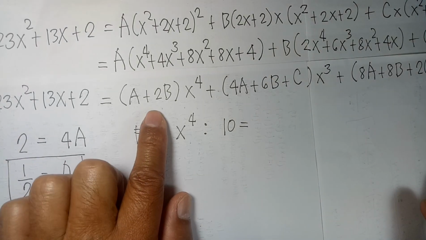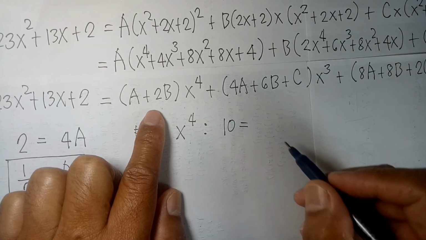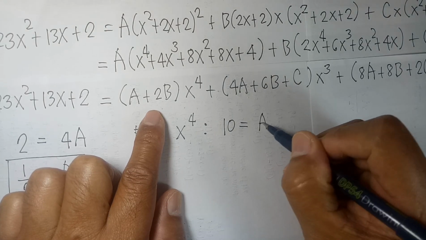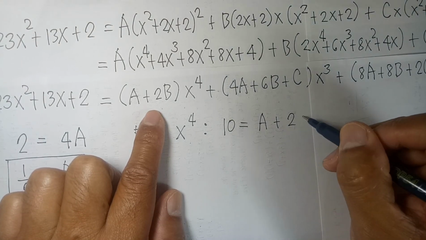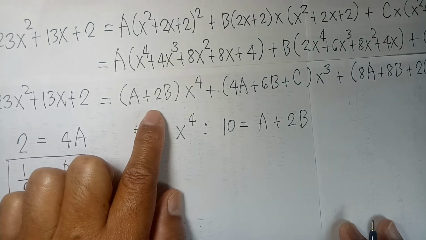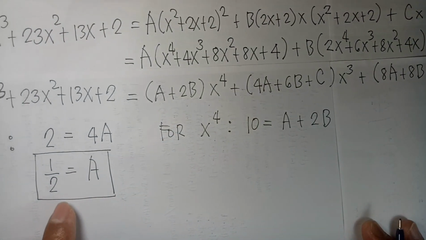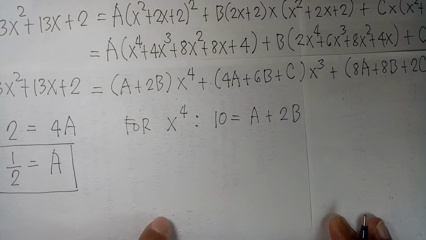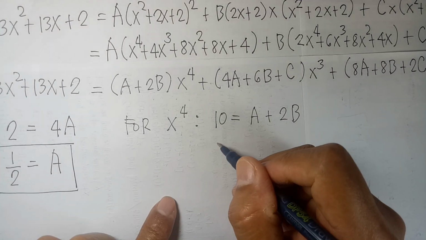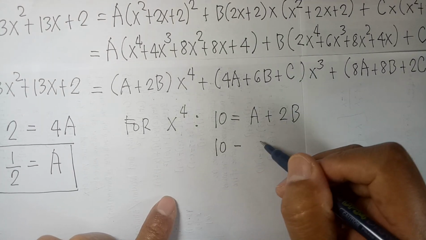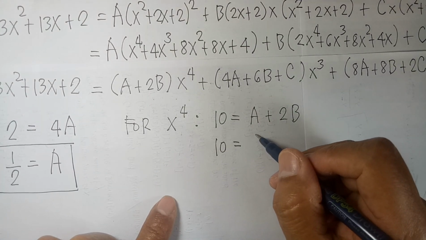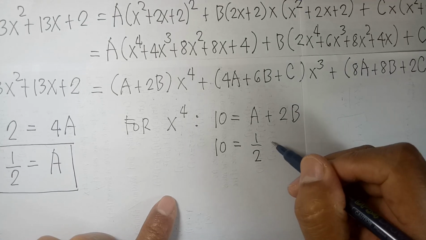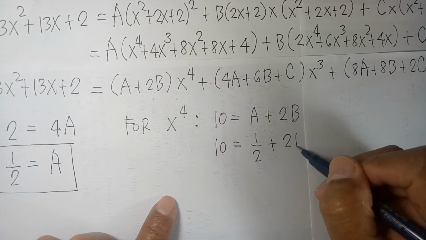At sa kanan naman, meron tayong a plus 2b. So, yung a, papalitan natin ng 1/2. So, meron tayong 10 equals 1/2 and then plus 2b.